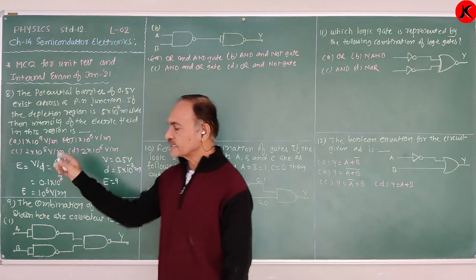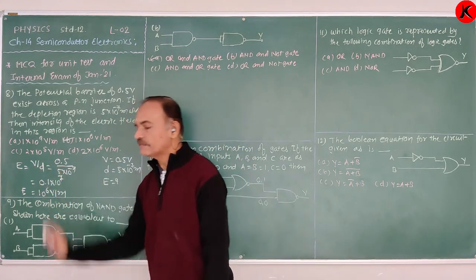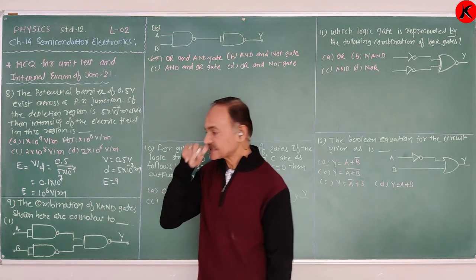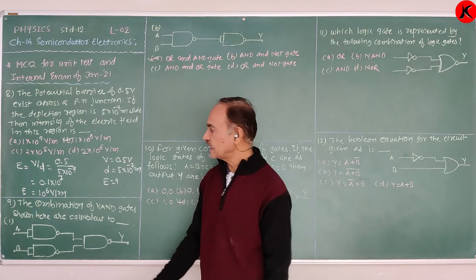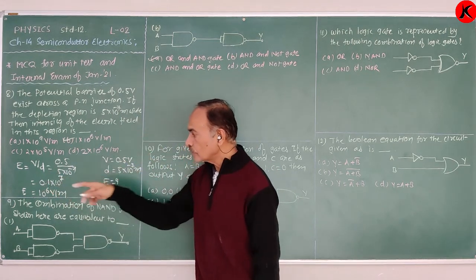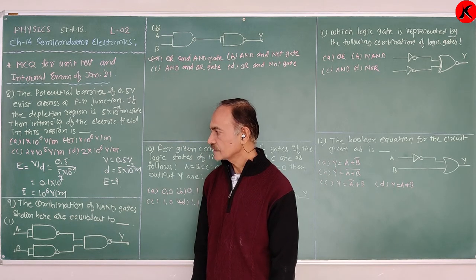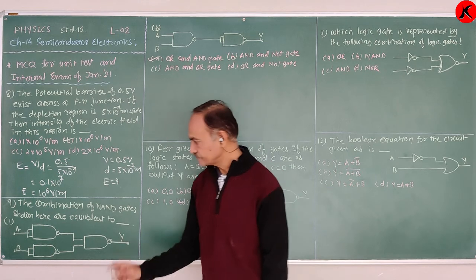The equation showing the relation is E is equal to V by D. V is 0.5, width of the depletion region 5 × 10^-7. Therefore, the intensity of the electric field E is equal to 0.1 × 10^7 volt per meter, so that is 10^6 volt per meter.